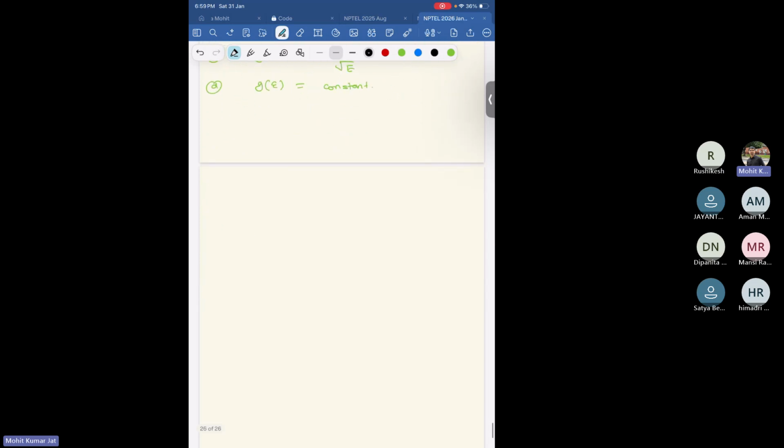Now we know the density of states I defined, g(E), as del N by del E, right? Number of states per unit energy, per unit volume. So let's first calculate the total number of states in 1D.